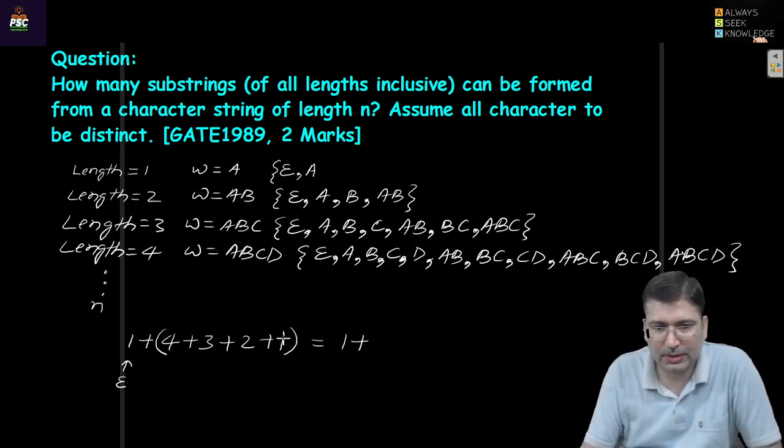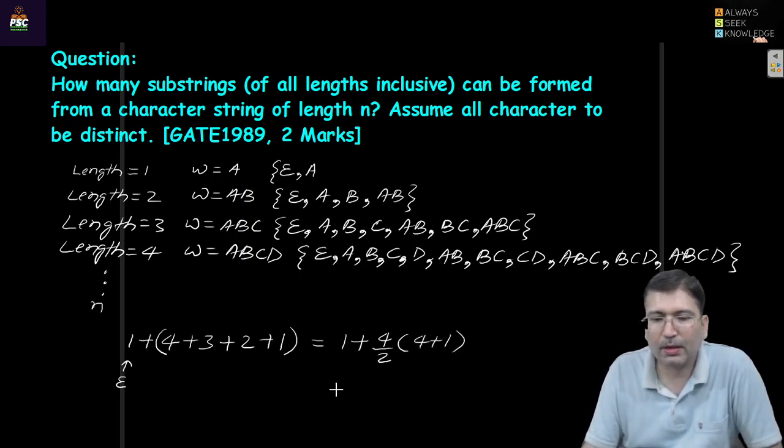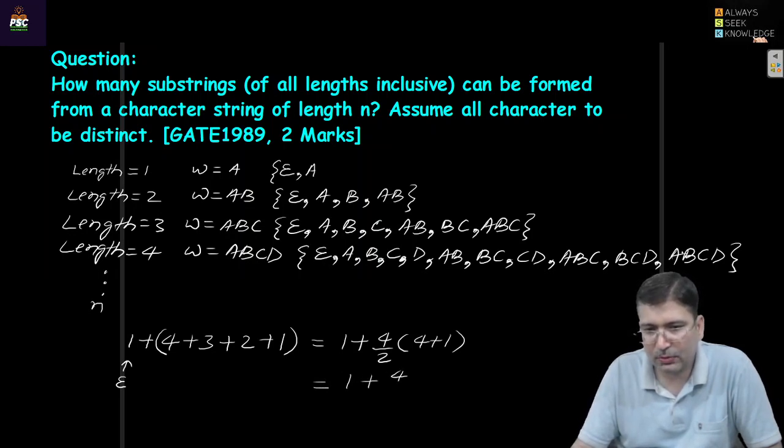So the first term you can consider 1, and the last term 4. So you can consider here 4 divided by 2, a plus l, like 4 plus 1. So it will give you 1 plus 4 into 5 divided by 2.